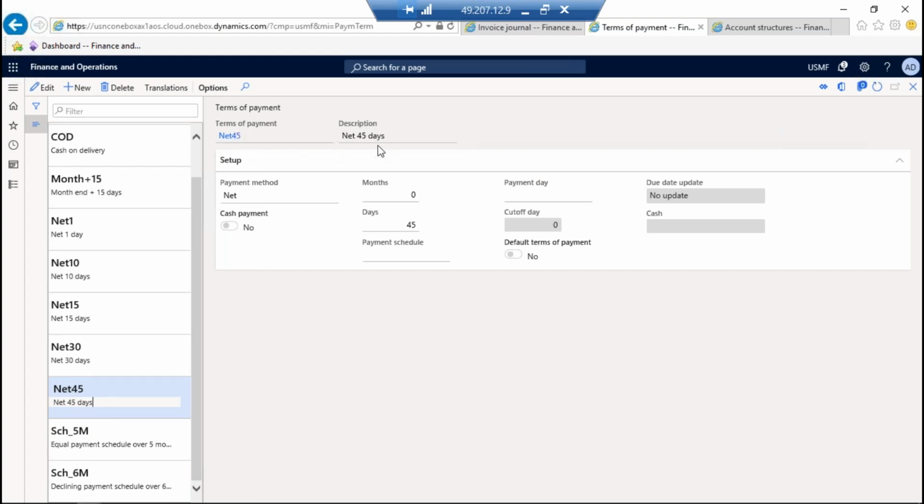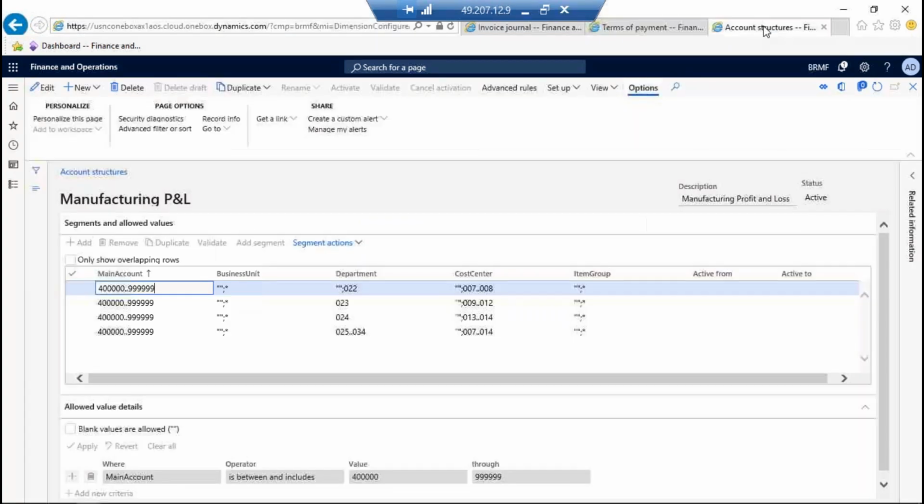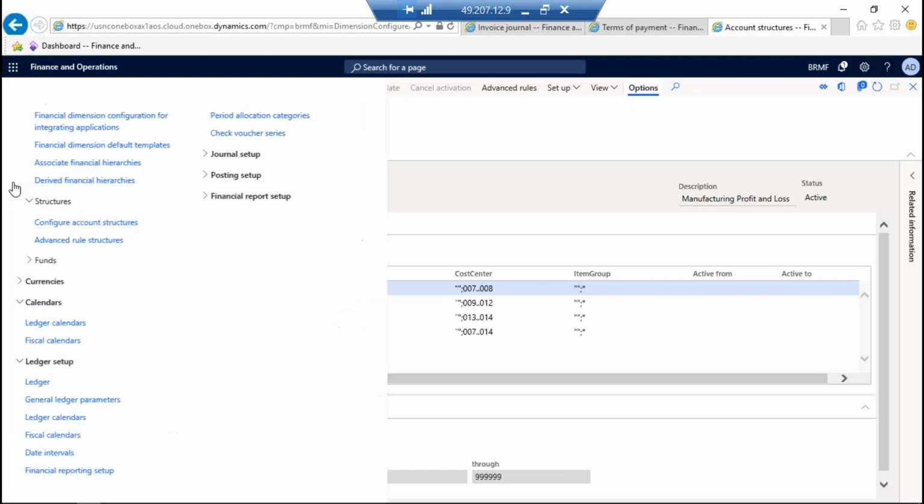The system will not capture this 45 days description; it will capture this calculation. The logic will be executed from this number, but not the description. We have mentioned 45 days. Suppose terms of payment 45 days. Now we have created one vendor earlier.